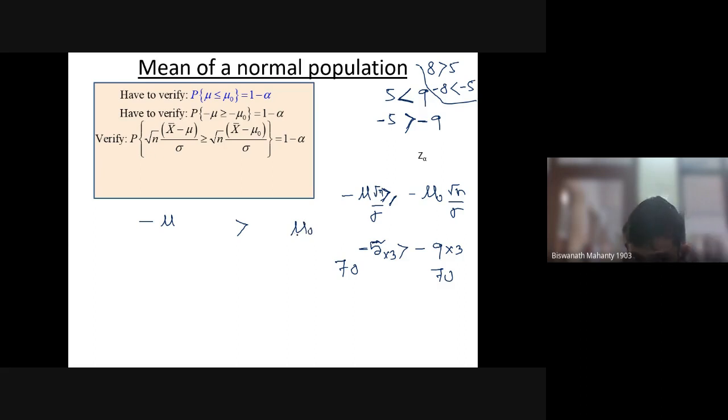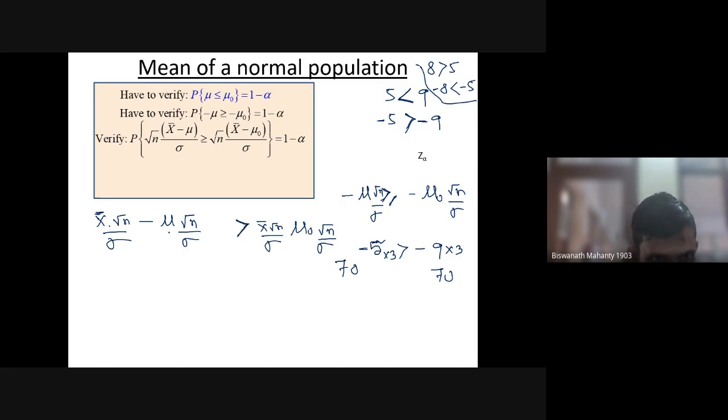Then I multiply with root n by sigma, so my symbol will not change. Then I add x bar root n by sigma on both sides. Nothing is wrong with the symbol.